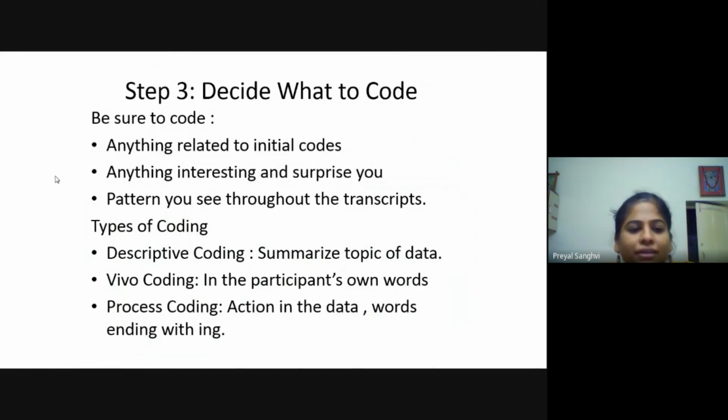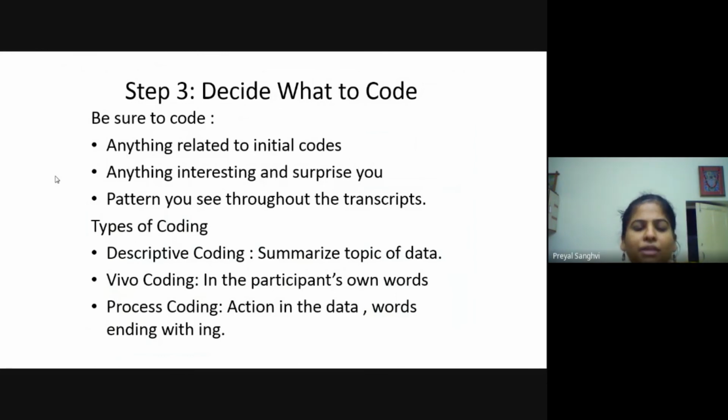Next we are going to use in vivo coding. Here we generate the code in the exact words used by the participant. विवो कोडिंग में हम जो पार्टिसिपेंट ने इंटरव्यू के टाइम पे, फोकस ग्रुप के टाइम पे जो एग्जैक्ट वर्डिंग यूज किए हैं, कोडिंग करने के टाइम पे भी वी आर गोइंग टू यूज दोस एग्जैक्ट वर्ड्स. डिस्क्रिप्टिव कोडिंग में जो पैराग्राफ है, जो इंटरव्यू है, उसको समराइज्ड करके हम उसको कोड करेंगे.